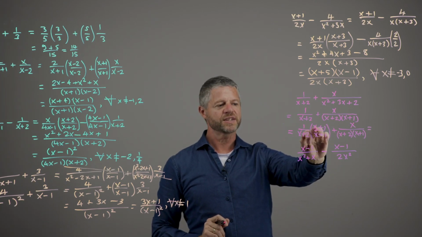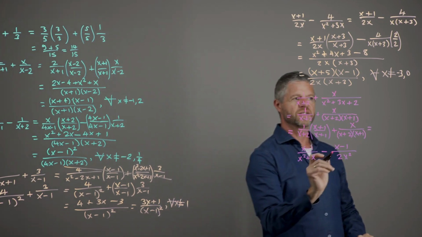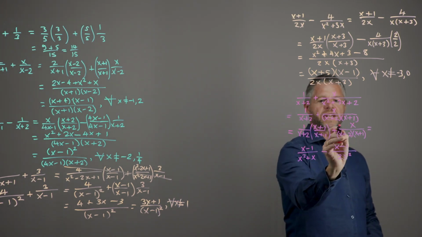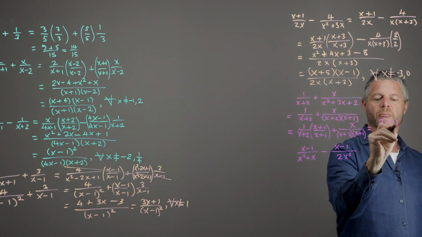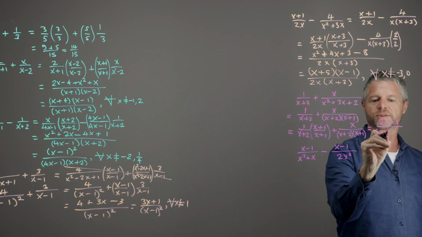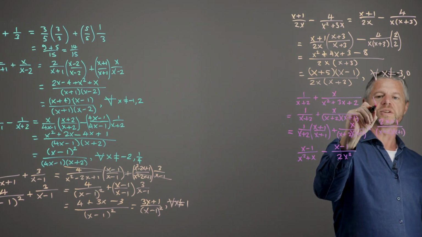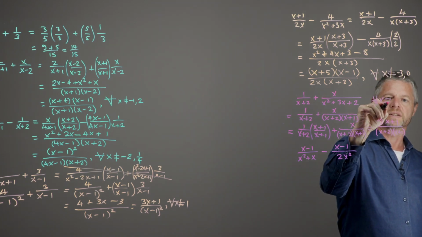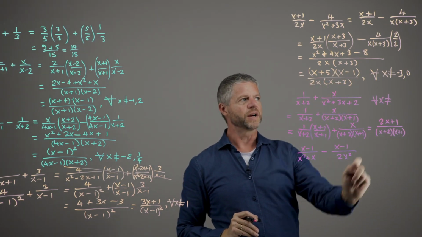So we're going to have x plus 1 plus x. So that's going to be 2x plus 1. And then in the denominator, we've got our x plus 2, x plus 1. And that's good for all x not equal to minus 2 or minus 1.